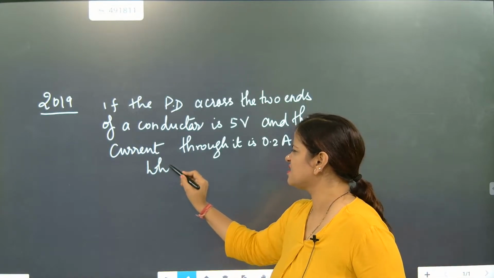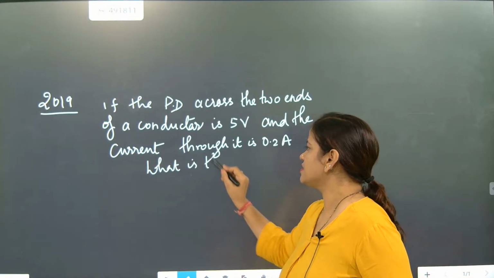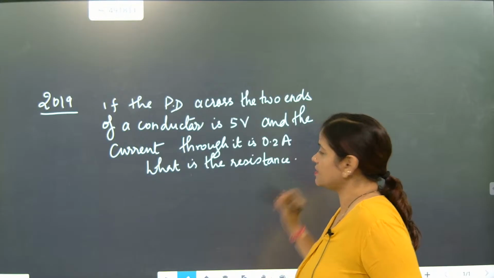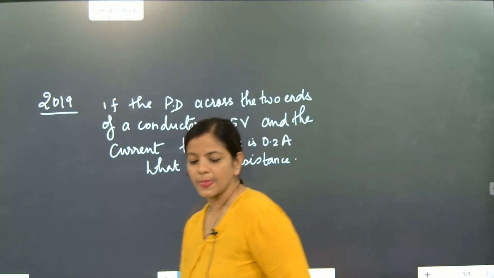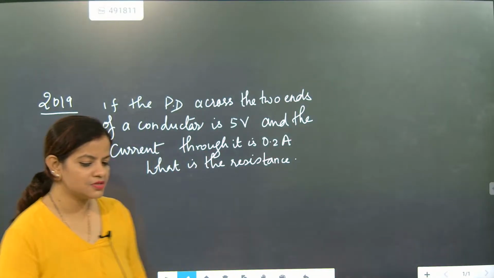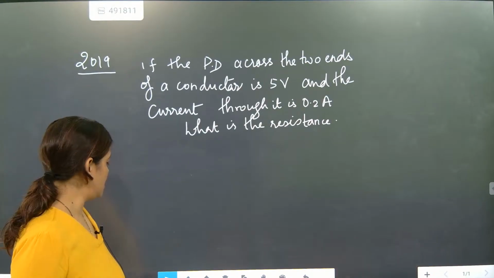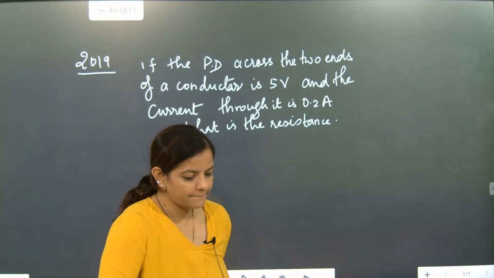This is just, what is the resistance. This is the easiest question. Nothing is there in the question. A 2 mark question, but it does not deserve the 2 marks. Very small, cookie question. Try to solve this question.